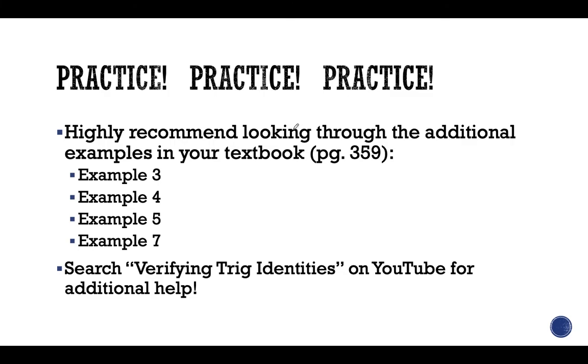You can use the PDF pages for Chapter 5, Section 2, 5.2 on page 359. I used a couple of the examples out of the textbook, but I didn't do examples 3, 4, 5, or 7. If you watch this video and you're feeling pretty good, you can probably move forward without looking at the actual examples. But if you get stuck on a problem, maybe look at examples 3, 4, 5, or 7 and see if there's something similar to the problem that you're working on.